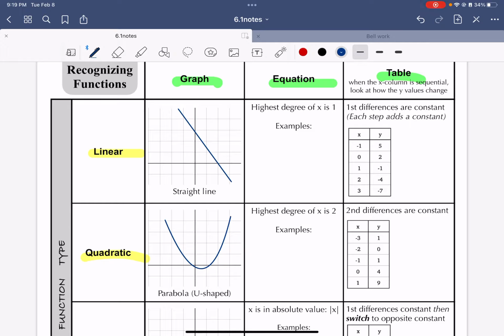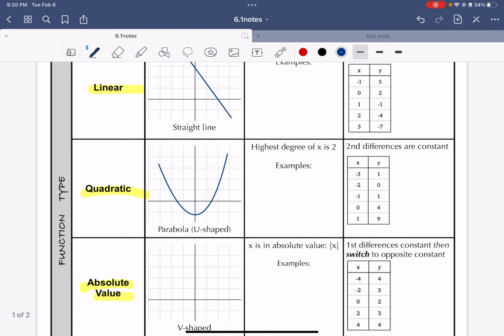Just do your best to draw that U shape. Starts wide and then gets narrow and then wide again. All right, so our quadratic functions are a parabola. Again, remember they can be upside down. If you have a negative in the front of it, they'll be upside down, or they can be right side up again. So either one of those is fine. You can draw whichever one you want.